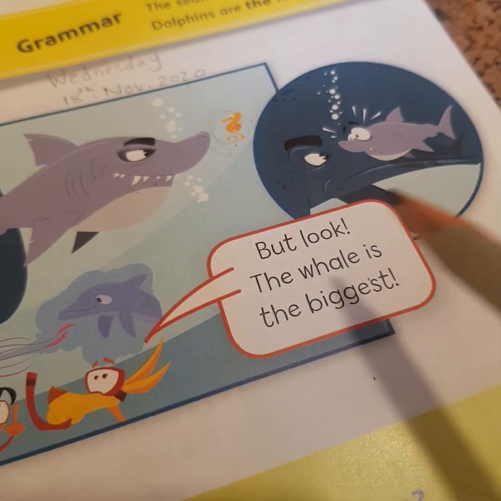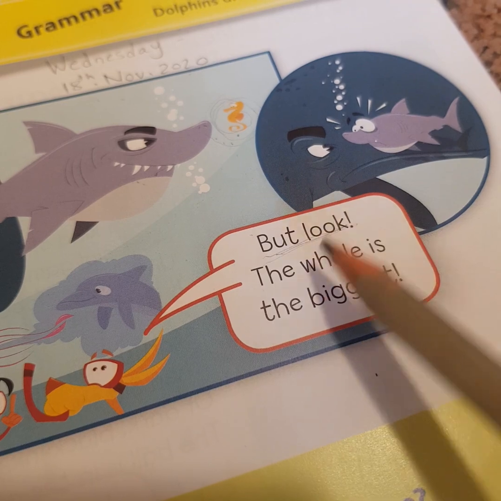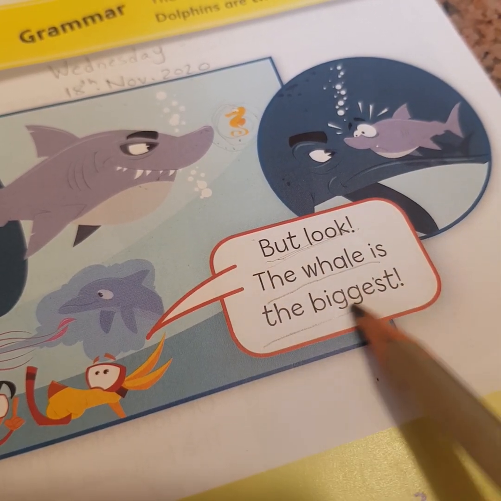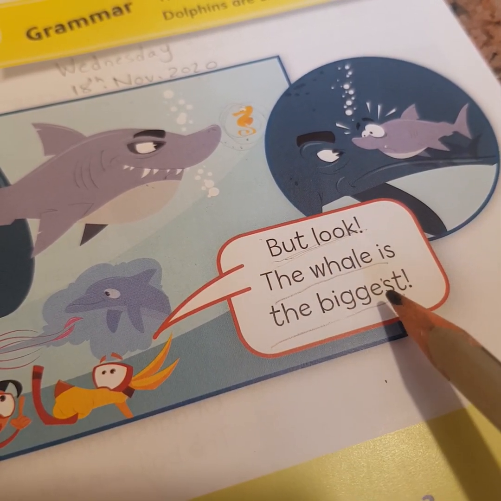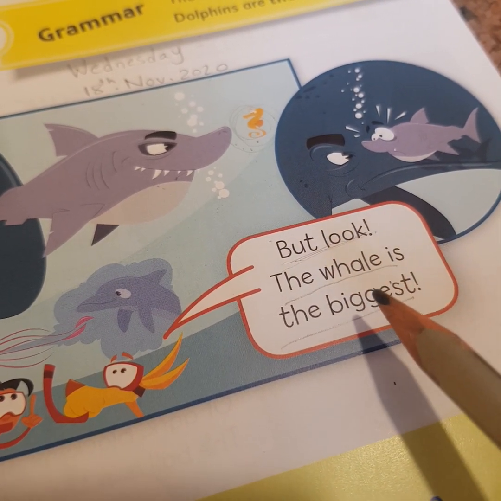Okay. But look. What did Bouncer say? But look, the whale is the biggest. He also used the superlative form. استخدم صيغة الأفضلية.